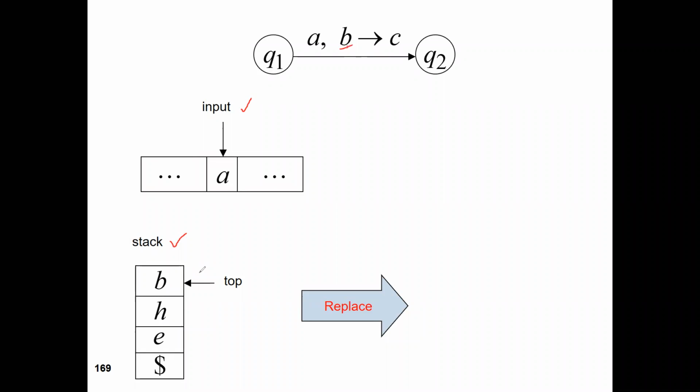Because of the position of the stack, you can see easily that the topmost position there is B. That's why the top pointer will read the topmost element. This is the basic property of the stack, as I already told you. So B will be popped out from the stack, and A will be read from the input tape.